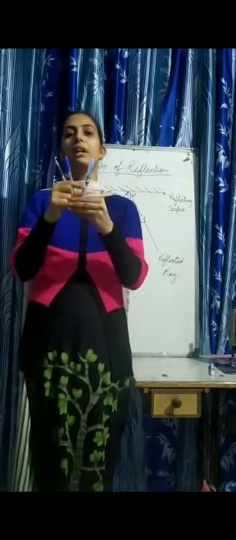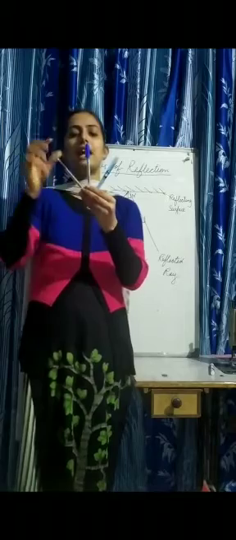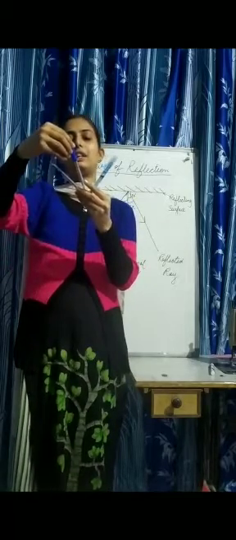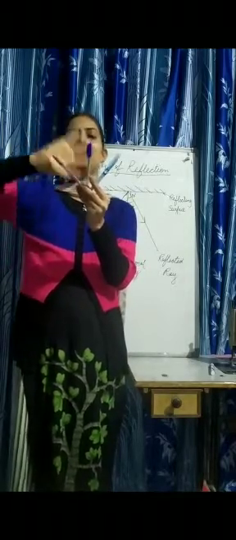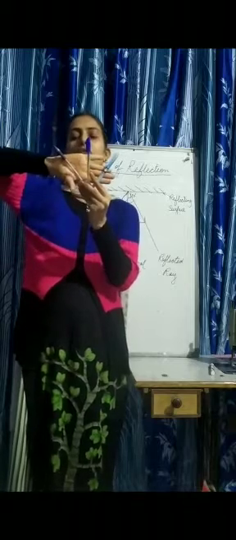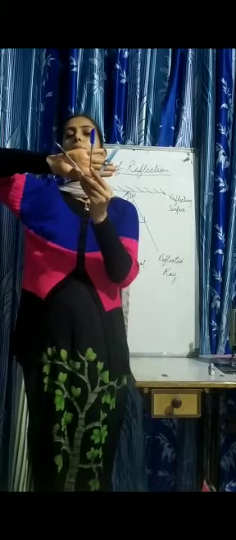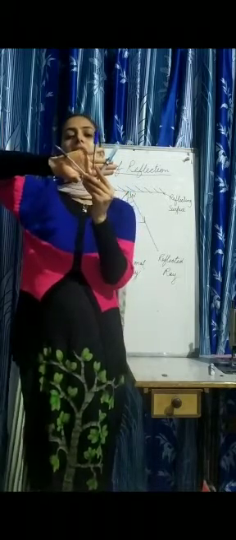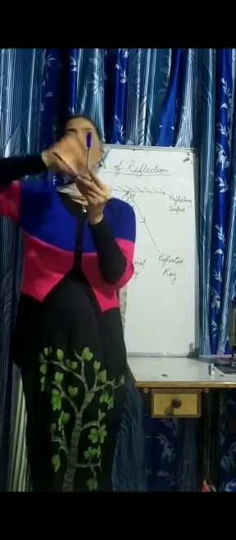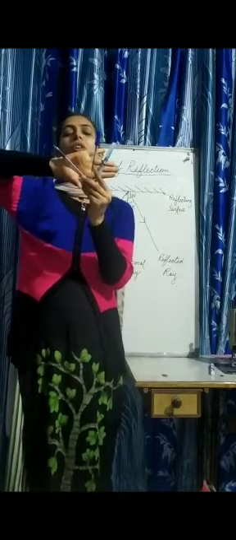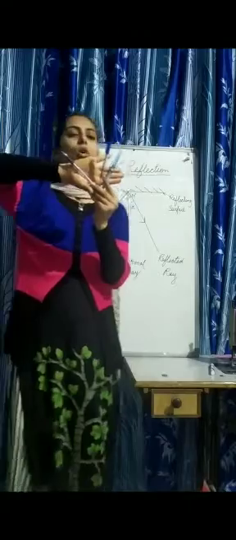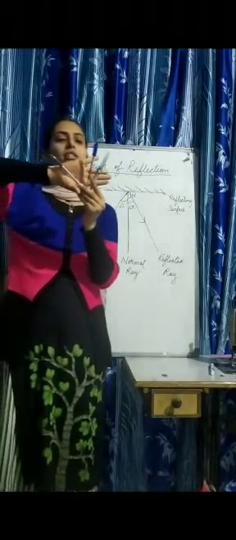If one of these rays gets disturbed and deflected, like this normal ray in this position, what you can see is that the reflected ray and the incident ray are both touching my palm, that is, they are in the same plane, but this normal one is out of the plane. So this doesn't obey the second law of reflection.